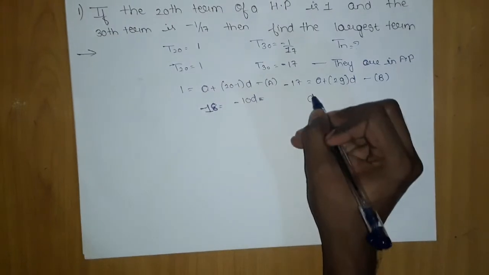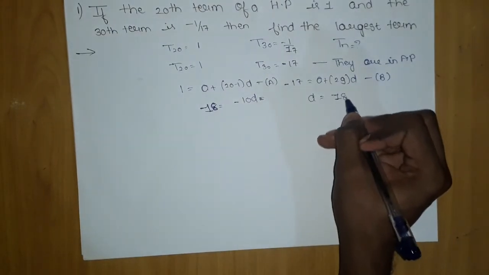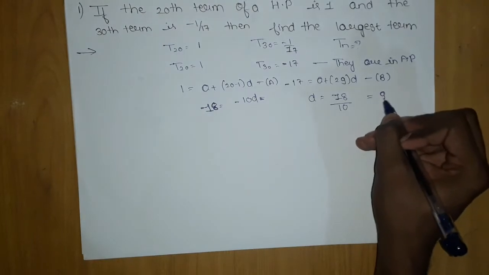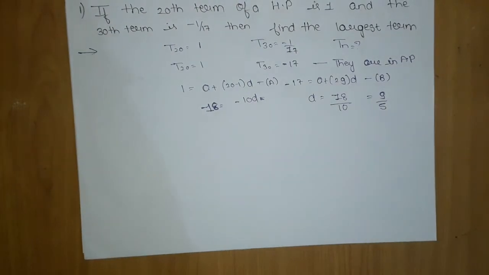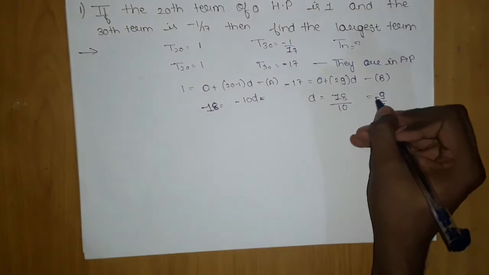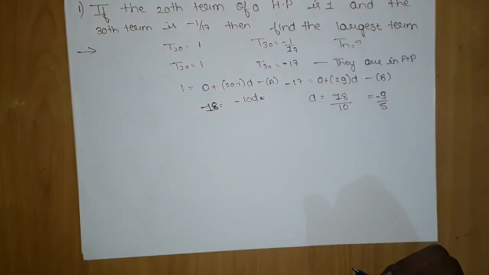Now D is nothing but 18 upon minus 10, which gives us minus 9 by 5. So minus 9 by 5 is our D.